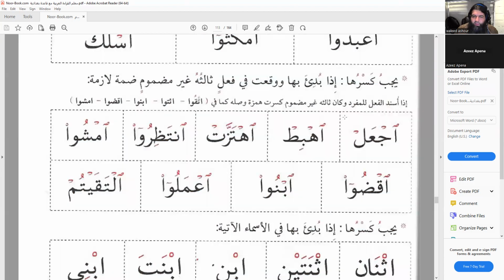So go ahead and read this word here. Ij'al. Very good. Ij'al, and this one.